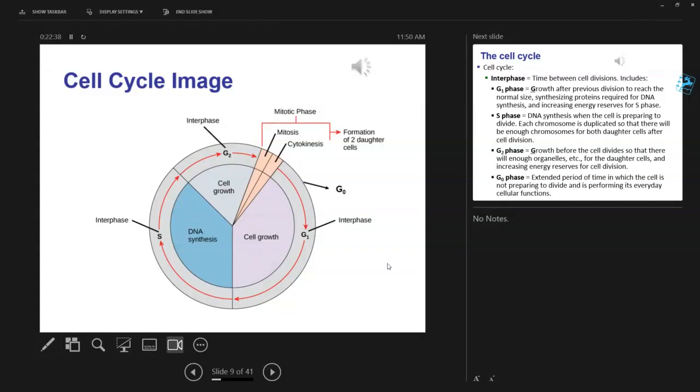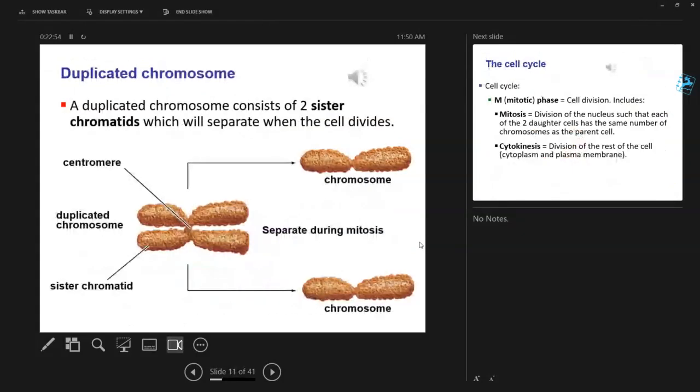Maybe something would trigger it to divide, like an injury. Now it has to divide to replace some cells that were killed off in an injury. Then they would go from G0 into S phase. We talked about how the chromosomes are copied, or replicated, or duplicated before the cell divides, during S phase.